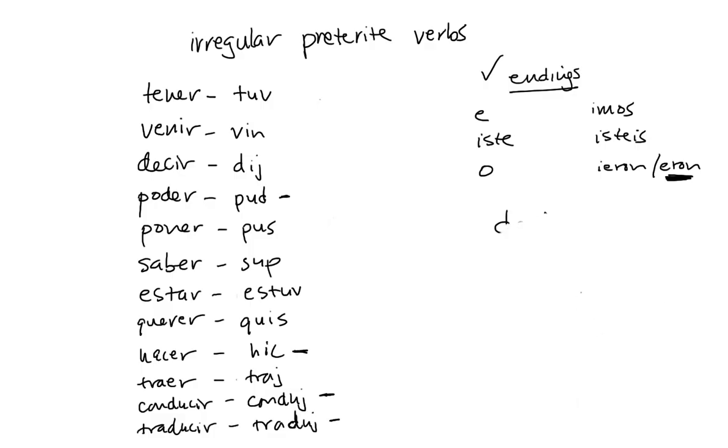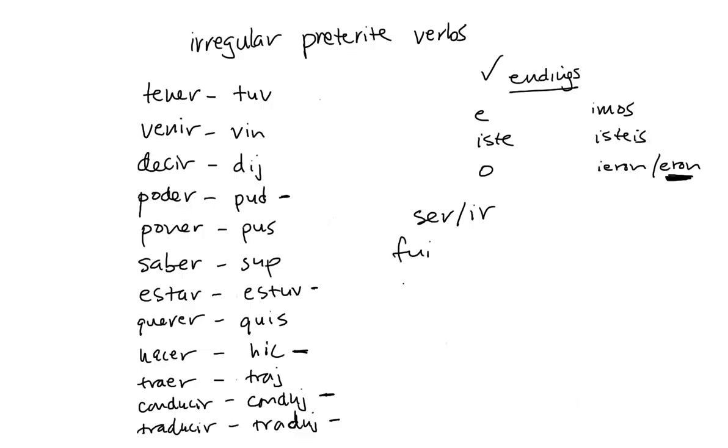And remember, none of these endings are accented. So if it were, let's say, estar, you would get estuve, estuviste, estuvo, estuvimos, estuvisteis, estuvieron, with no accents. Okay, other irregular verbs in the preterite that you should be aware of. Ser and ir both have the same irregular conjugation.